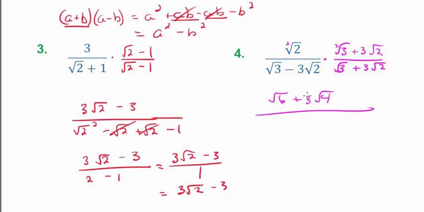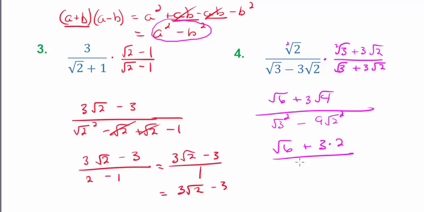In my denominator, instead of FOILing it out, I'm going to use my pattern up here and recognize that that is what I should get. So I'll have the square root of 3 squared minus 9, because 3 squared is 9, times the square root of 2 squared. And so what I get here will be the square root of 6 plus 3 times 2 over 3 minus 9 times 2.